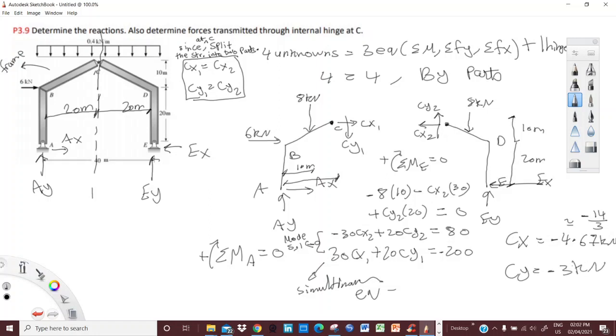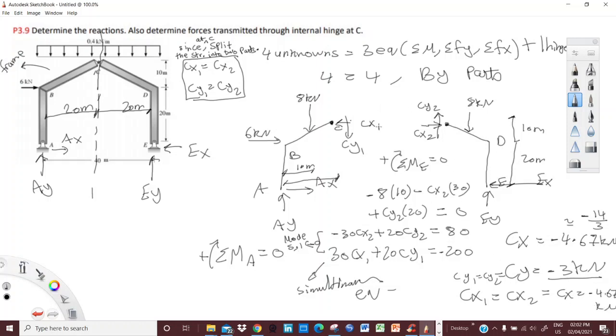So right now you can change the sign convention. Instead of the left, you do it to the right, and here instead of the right you will do it to the left, since we say that Cx1 is equal to Cx2 and Cy1 is equal to Cy2, which is equal to Cy, which is equal to negative 3, and this one Cx is equal to negative 4.67 kilonewton.